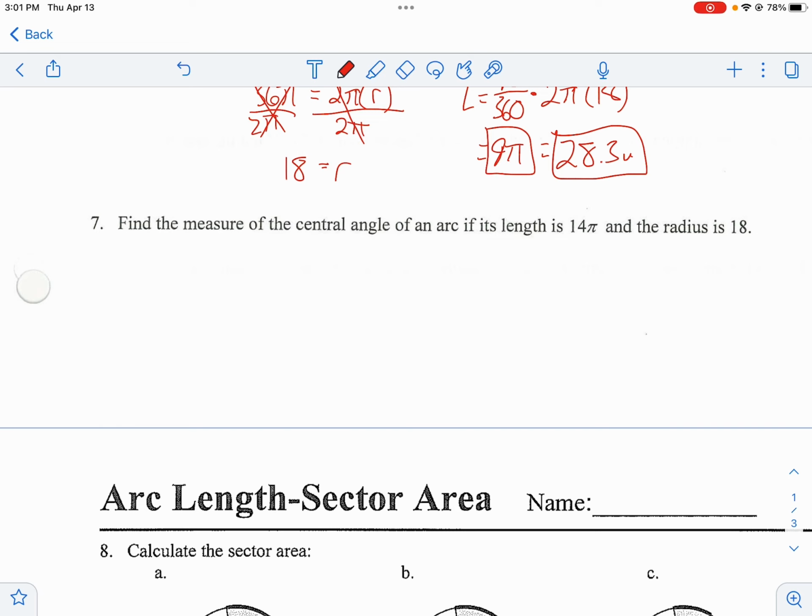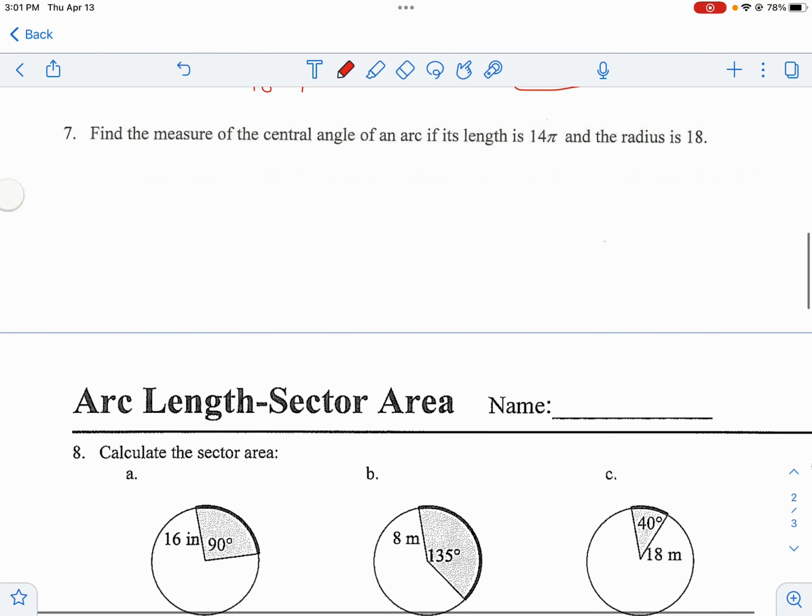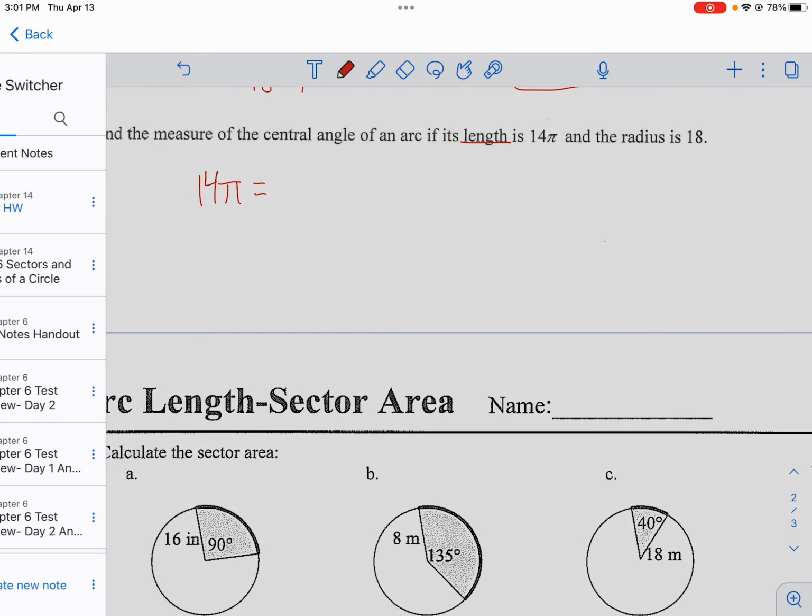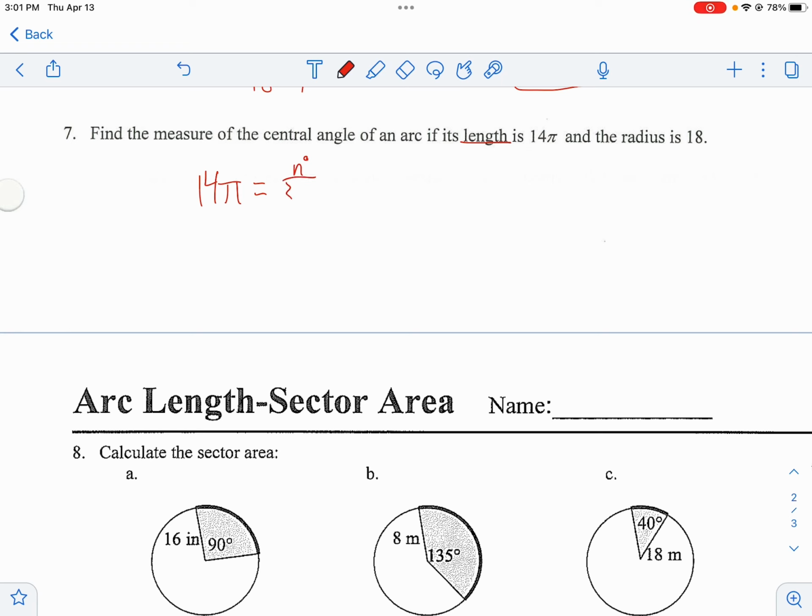All right, the next one. Find the measure of the central angle of an arc if its length is 14 pi and it has a radius of 18. So 14 pi, that's a length. So length is equal to the length formula. I don't know what my angle measure is, so I'm going to call it n degrees over 360 times 2 pi r. My radius is 18.